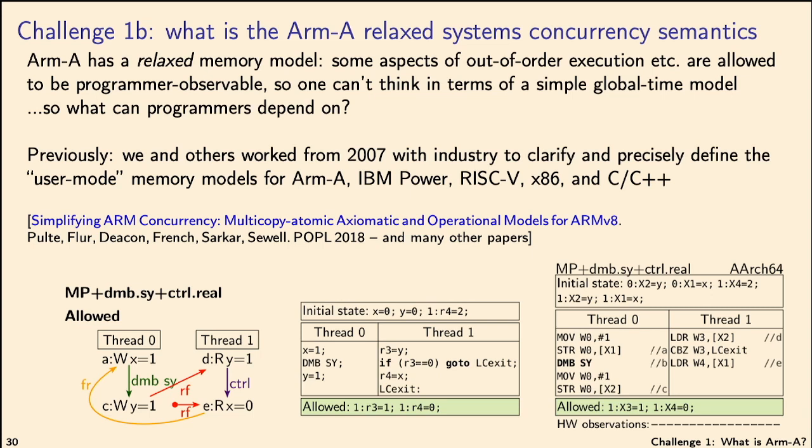I say user mode, it's not really EL0, it's all the things that don't involve features that you can't do at EL0, like exceptions and address translation and instruction cache maintenance. You can do a little bit of that, and so on. So this was really only the merest beginning of understanding what the underlying relaxed semantics is of the platform that we're building above.